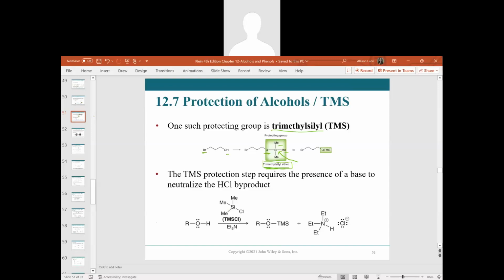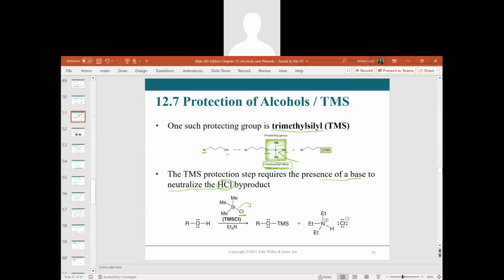Now that we've protected this portion, we should note that we need to have this occur in the presence of a base, because with trimethylsilyl chloride, the chlorine is expelled as a leaving group in this process of protection. This is the original structure here.